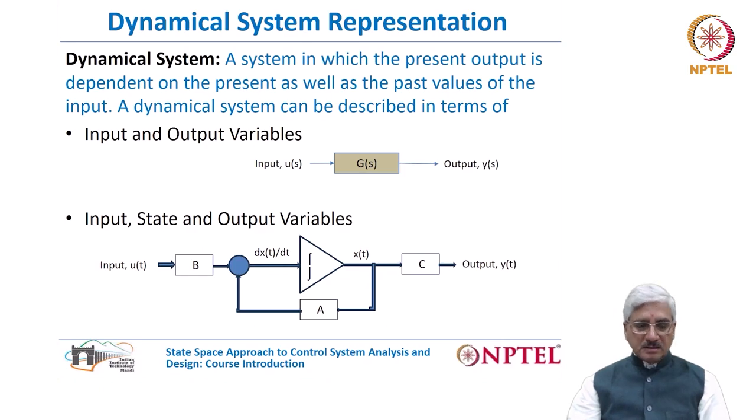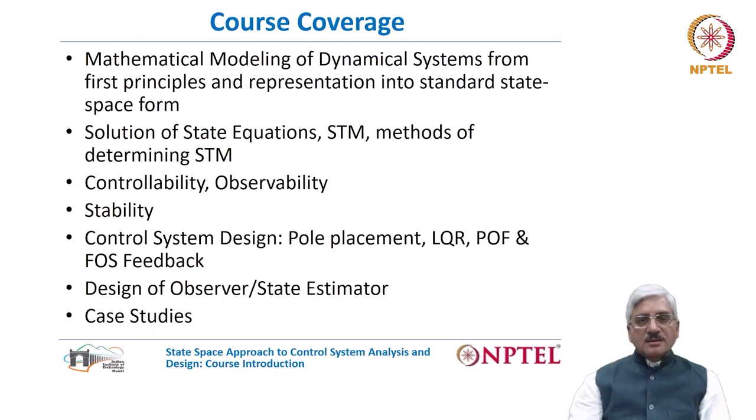However, in the 60s the state variable approach came, in which the description of the systems is given in terms of input, state and output variables. And this is the framework in which we will be studying control systems in the course which we are going to do. This course will cover some topics like this.